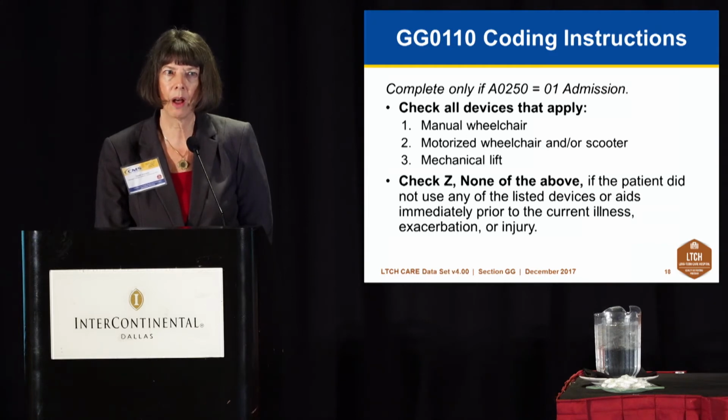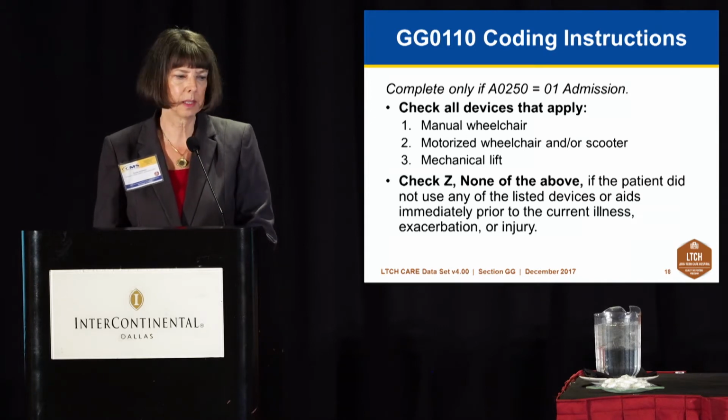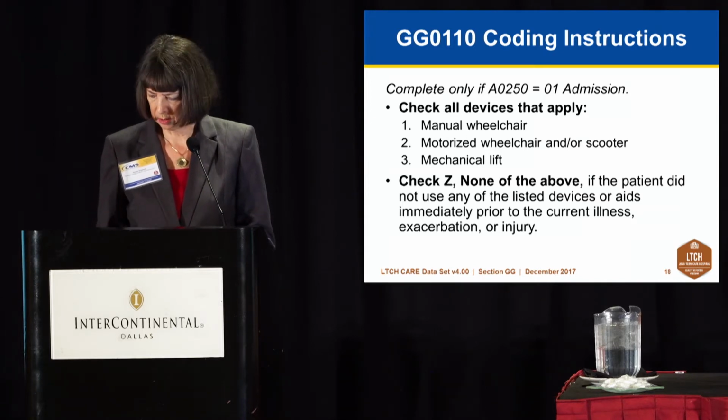So it's a check all that apply list, whether it be manual wheelchair, motorized wheelchair and/or scooter, or a mechanical lift. And if you check Z, it's because none of the above are applicable, and this patient did not use any of these devices prior to the illness, exacerbation, or injury.